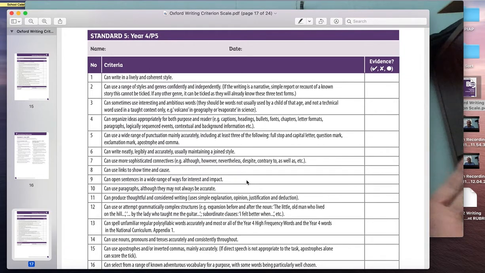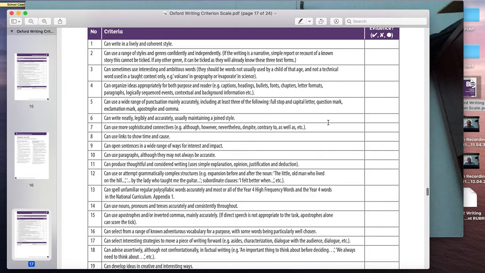But if you've got very few ticks on the year 4 one, from a diagnostic point of view, to help you know where to go next term with that child, it might be worth going back and doing the year 3 criterion scale and seeing what you tick off. That will leave gaps, and you will then know the sorts of skills that you really need to start covering with them next term, before you move on to some of these year 4 skills.